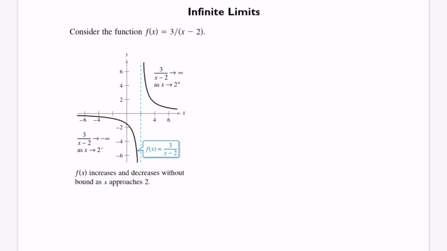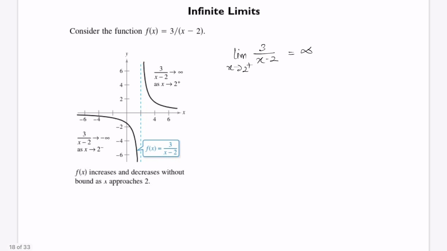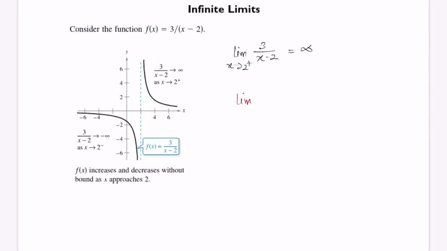That tells us that the limit of 3 over x minus 2 as x approaches 2 from the right equals positive infinity. And the limit of 3 divided by x minus 2 as x approaches 2 from the left equals negative infinity.